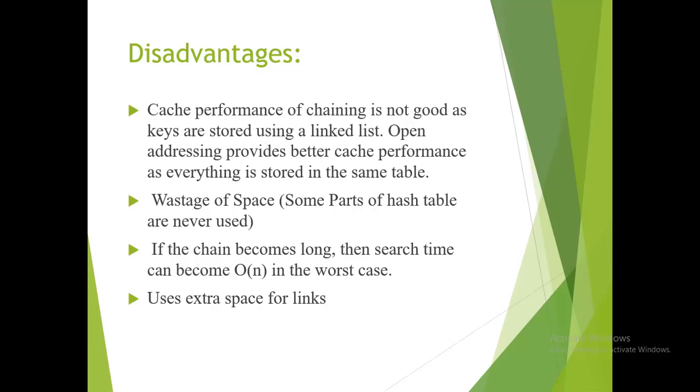Wastage of space, some parts of the hash table are never used. If the chain becomes long, its search time can become O(n) in the worst case. Uses extra space for links.